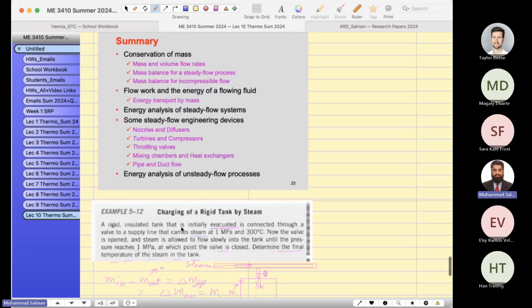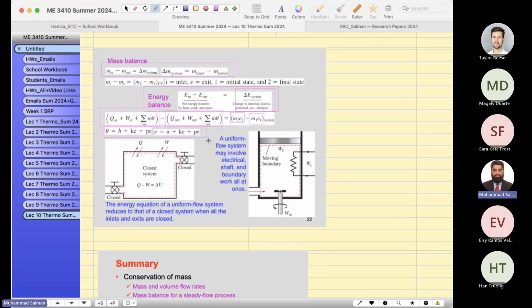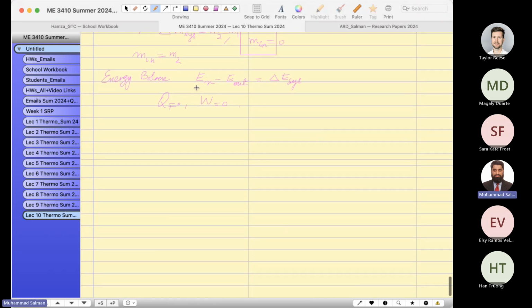Okay, so let's apply this equation, which is over here. Energy in equals energy out. So M energy in, M2.